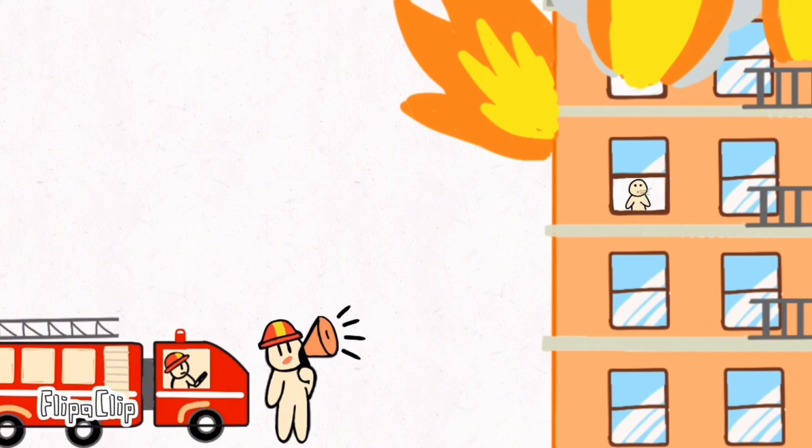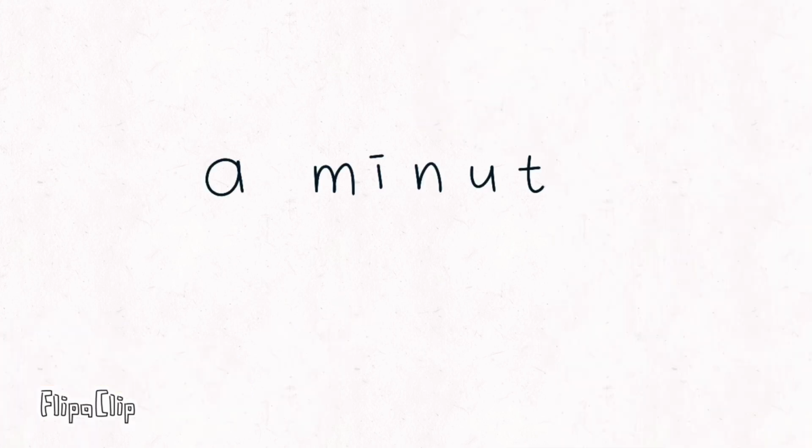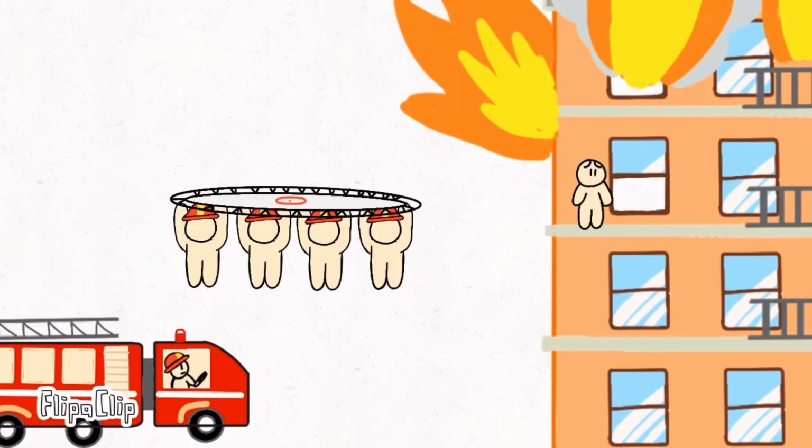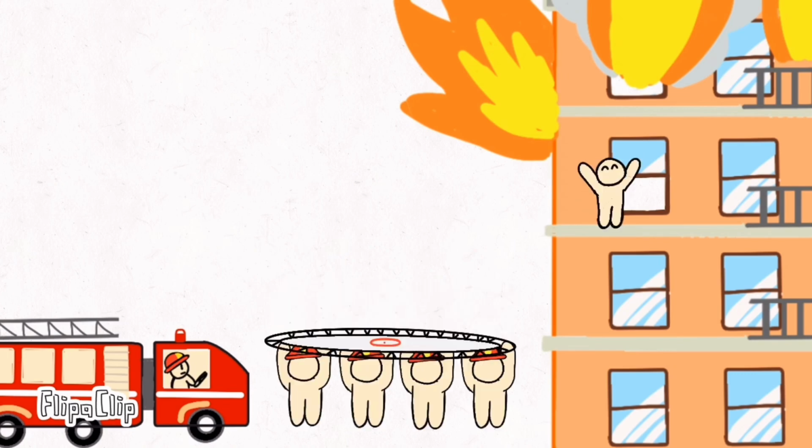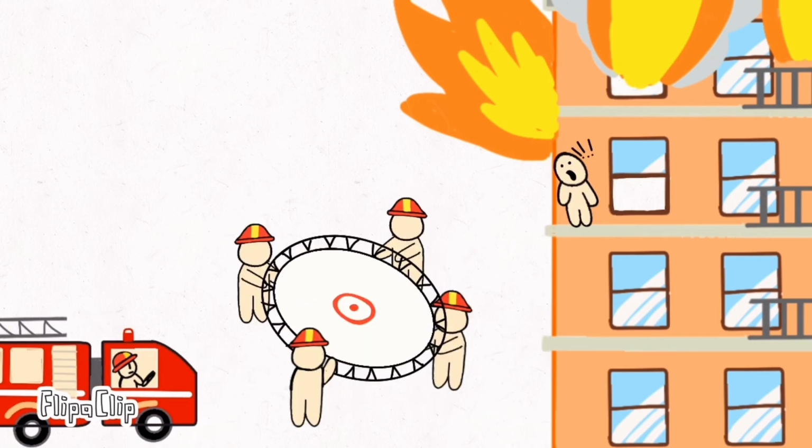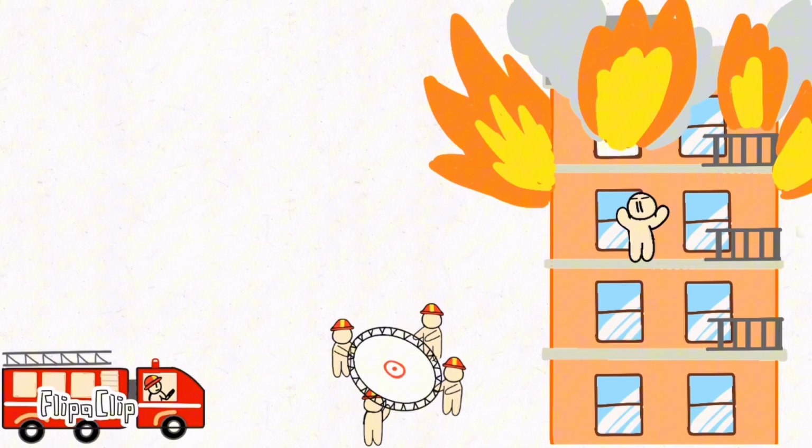First, you need to get up from your room to the window and then wait for the life net to come to you. A minute later, yay, finally, I'm safe. There's the life net. Yay. Wait, it's too high. Nah, don't worry. I'm strong. I can do this.